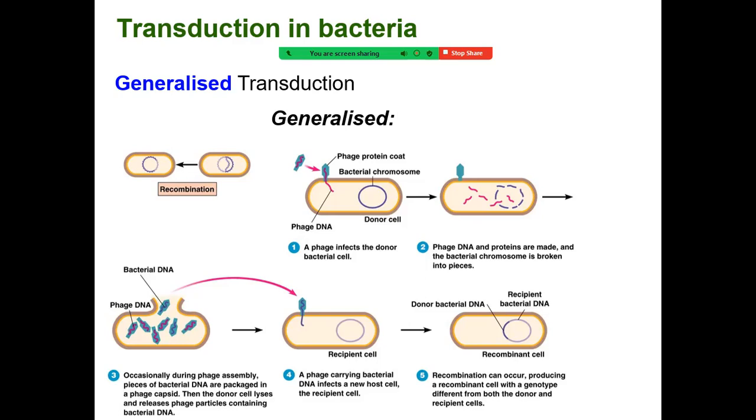The reason it does that is the virus genome wants to call the shots in the cell that the virus infects. And the easiest way to call the shots is to destroy the host chromosome. Then the host chromosome isn't calling the shots anymore. It's only the genome of the virus controlling what's happening in the cell.